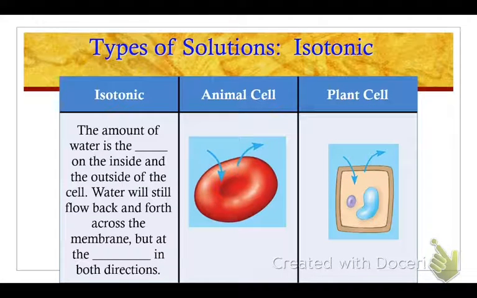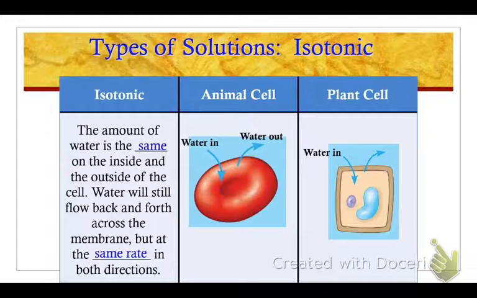The amount of water is the same on the inside and the outside of the cell. The water will still flow back and forth across the membrane, but at the same rate in both directions, okay? And then make sure you label your pictures that it shows water in, water out, water in, water out.